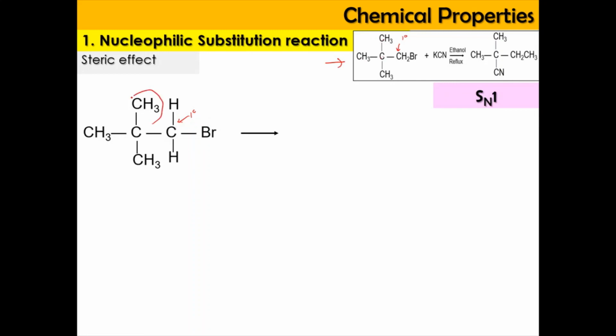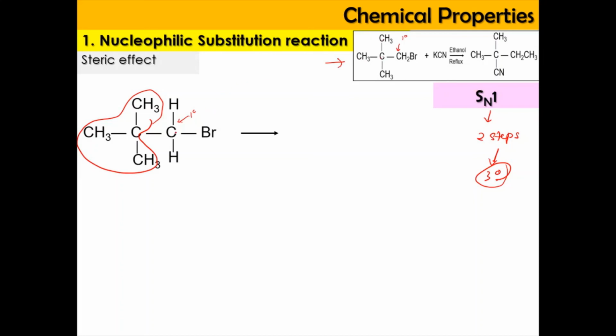However, because of the large alkyl group here, it will undergo SN1. As mentioned, SN1 has two steps, and usually it is for the tertiary haloalkane. However, because the primary haloalkane has steric hindrance, it can undergo SN1.